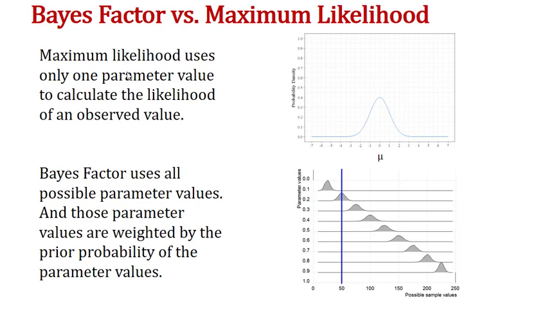Okay, so in the maximum likelihood approach, only one parameter value is used to calculate the likelihood of an observed value.